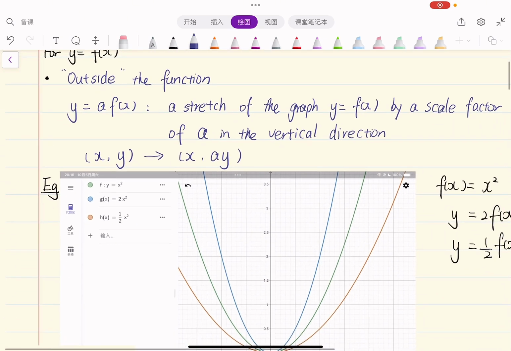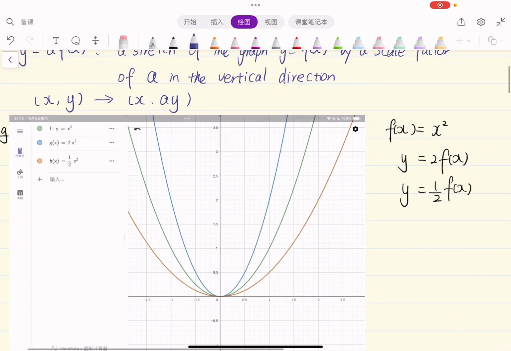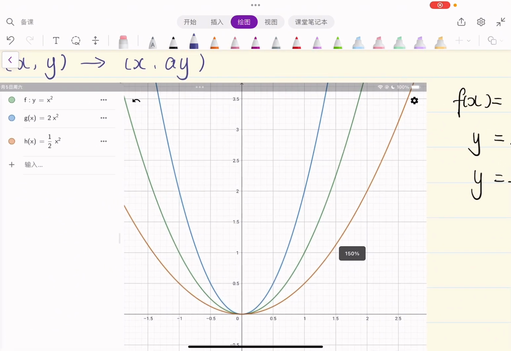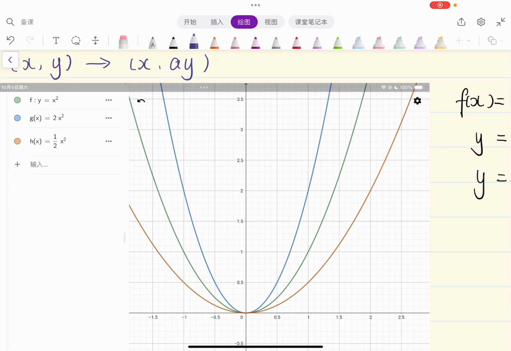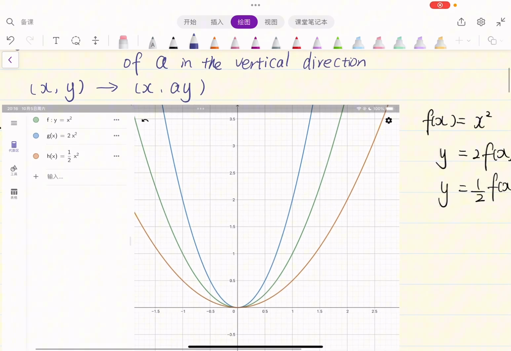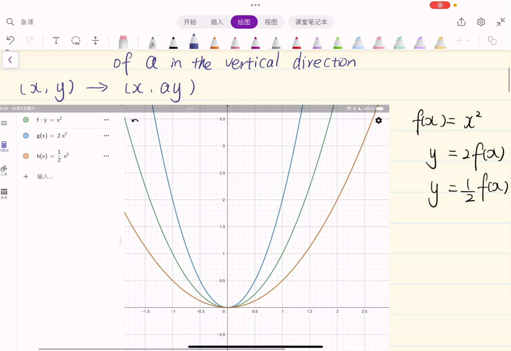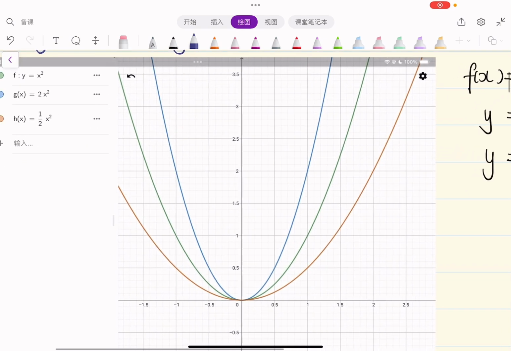Let's look at an example graph. We have f(x), the green line, equals x squared, and g(x), the blue line, is 2x squared, that is 2f(x). So you can compare the green and the blue one.